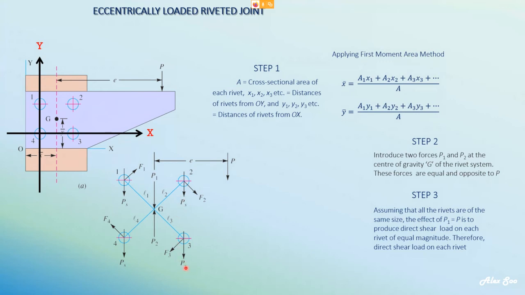Now this is written here as subscripts, so it should be P1, P2, P3, and P4. On each rivet, draw a vertical arrow downwards, because the load is downwards. Label this as P1, this as P2, this as P3, and this as P4. So each of them will be taking 10 kilonewton.